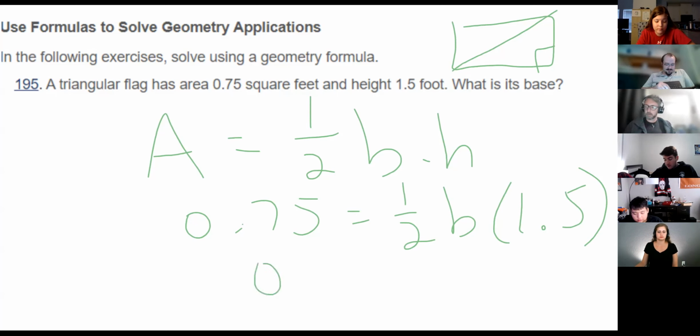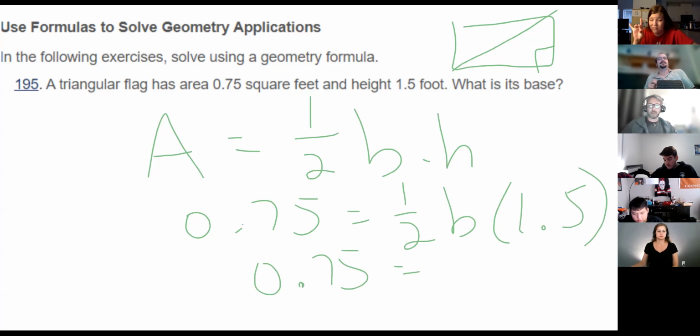What am I getting? This is 0.75. Make me work with fractions. What's half of 1.5? I think it's doable in your head, probably, right? Is that what we're doing?